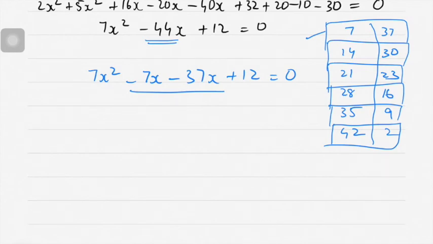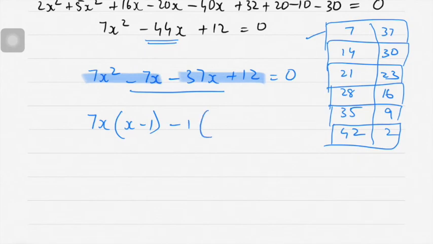Okay. Now I will take this together and this together. So the common thing I'll bring out, which is 7x. What is remaining, I'll keep inside. So x minus 1 is remaining. Correct? Okay. And here also I'll bring the common thing out. There is nothing common, there's no number which is common.